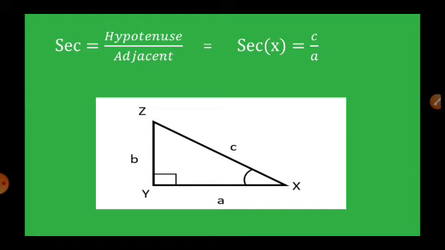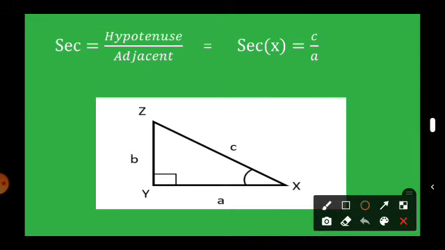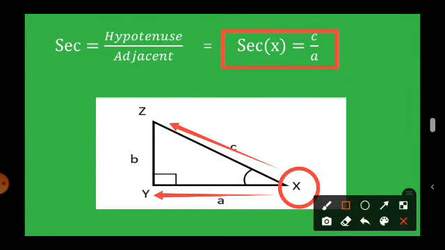With x as our angle in question, we have the hypotenuse, which is the side C, the longest side of the triangle, and then the adjacent as the side along with the x angle. So C over A is the function secant. Therefore, secant of x equals C over A.